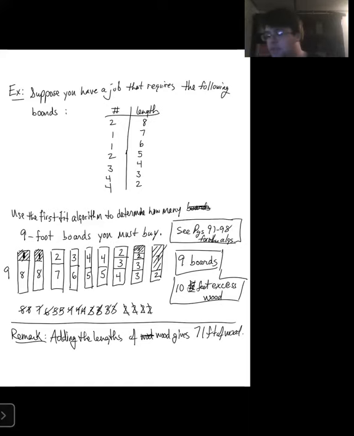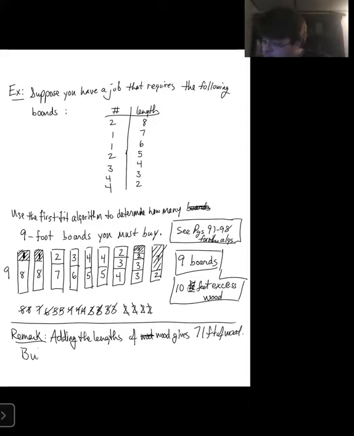Dividing 71 into 9-foot boards would suggest you need 8 boards. But if you buy only 8 boards, all of these pieces of wood are not going to fit. And why won't they fit? Well, that's a much more difficult problem. But maybe I'll write that. Adding lengths gives 71 feet of wood.